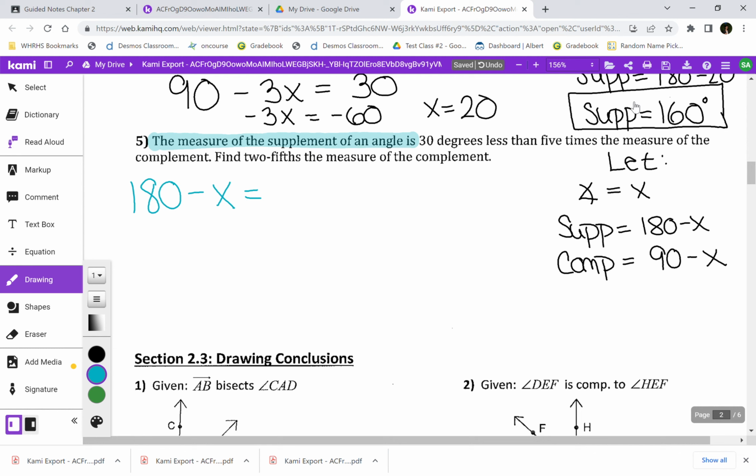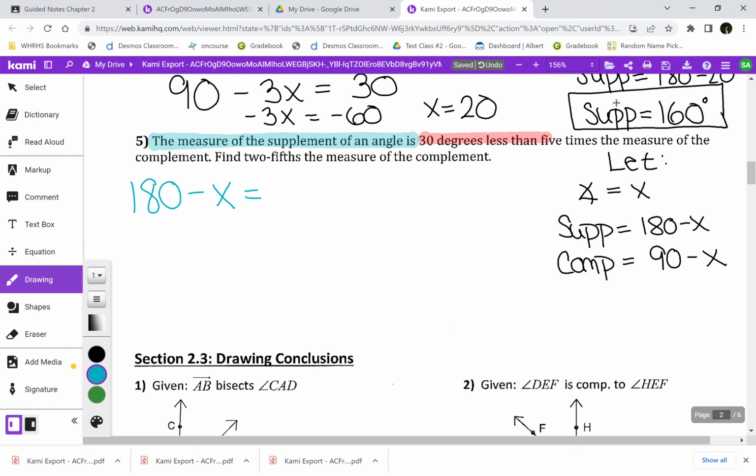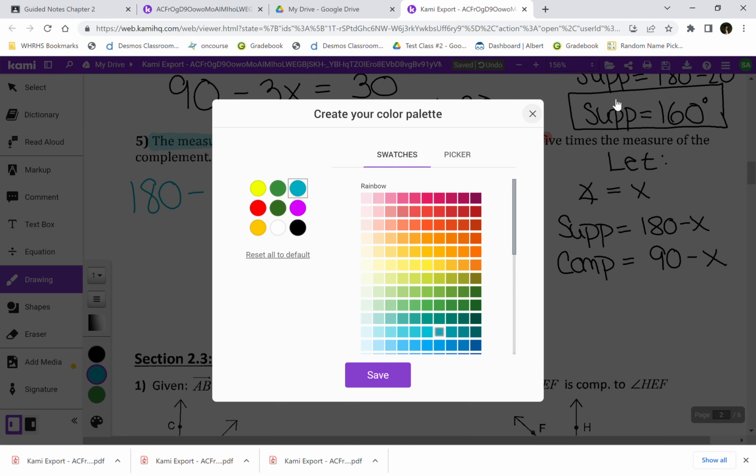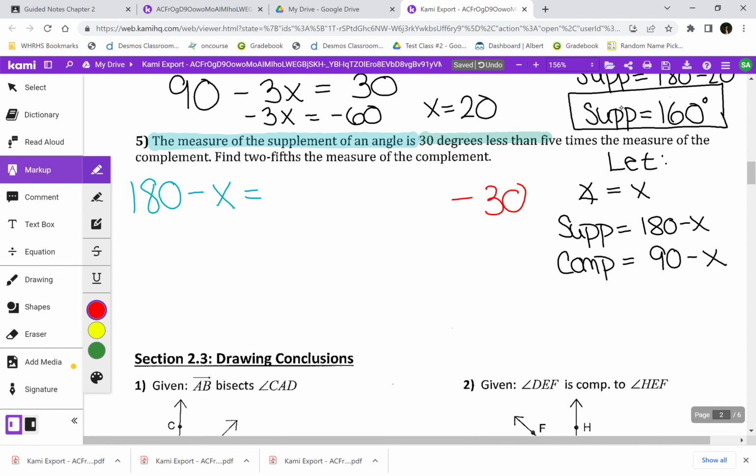Let's keep going. Let's keep reading. 30 degrees less than. Do we all agree that 30 degrees less than is a minus 30 at the end? So 30 degrees less than, let's keep going, 5 times the measure of the complement.